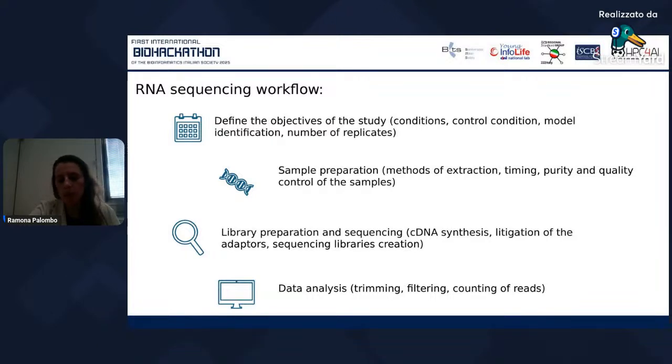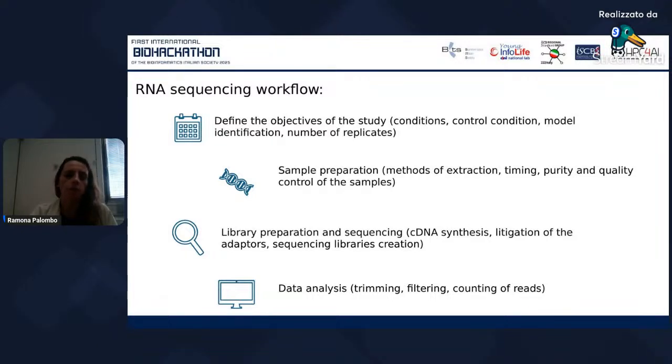And with single-cell RNA sequencing, we have this kind of enrichment also in the library preparation, because we use poly-dT primers.